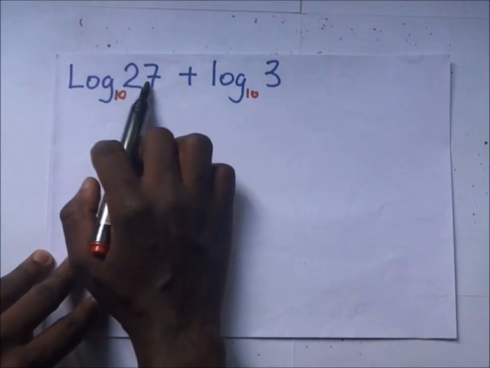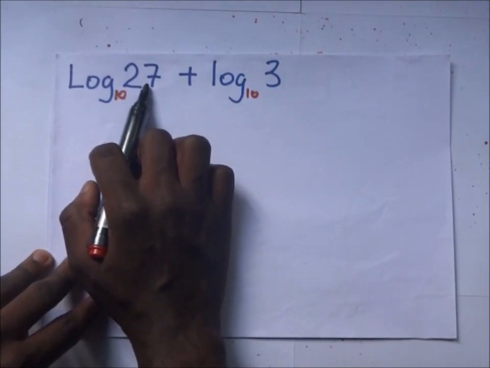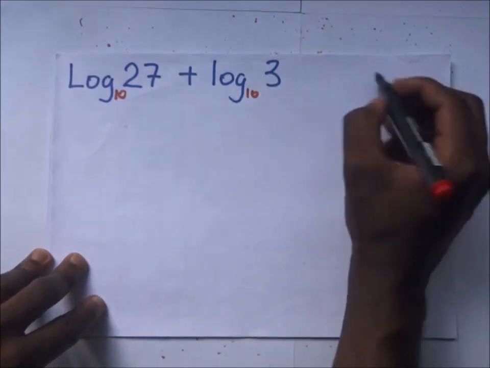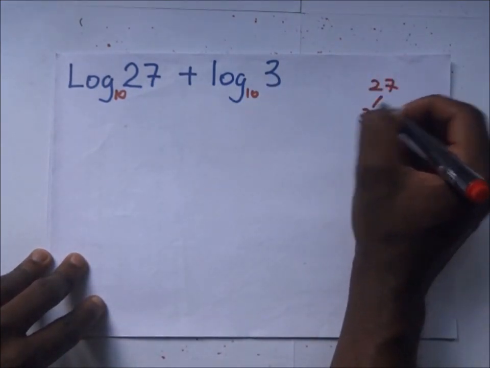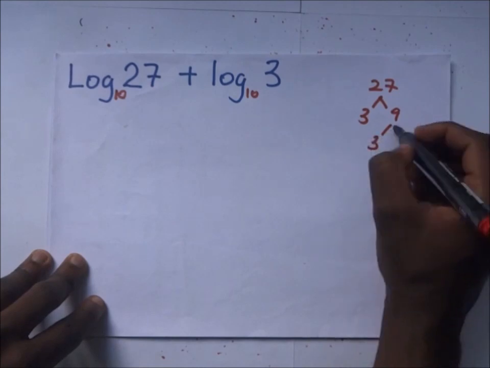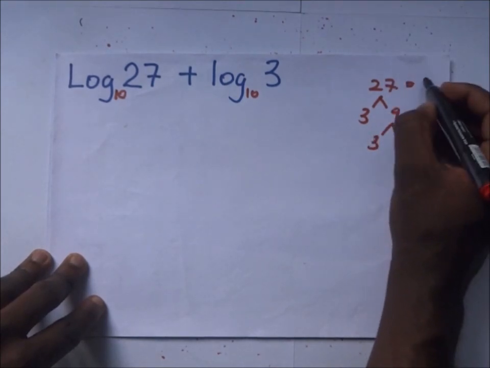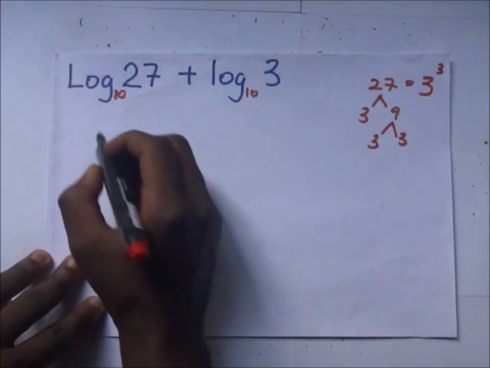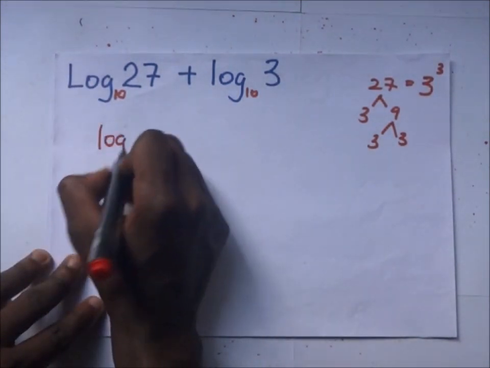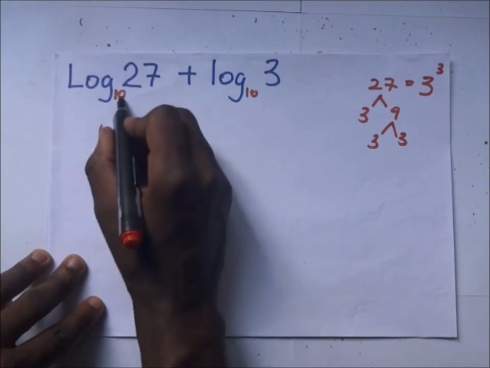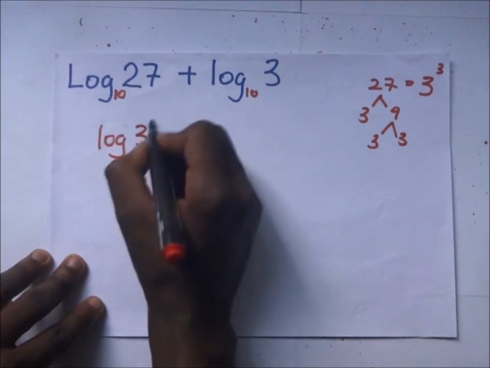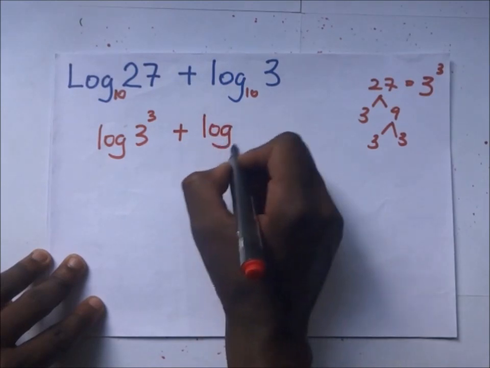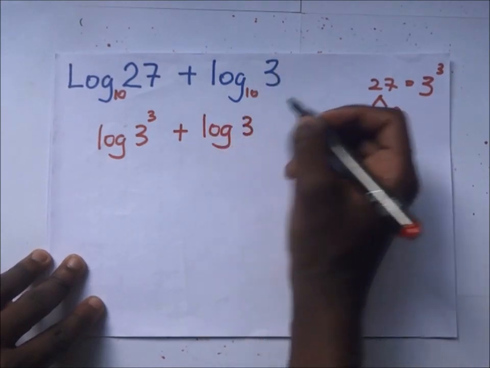You'd realize that 27 can be prime factorized and converted into index form. So 27 divided by 3 is 9. Divide by 3, you get 3. So 27 is the same as 3 to the power 3. So it becomes log base 10 of 3 to the power 3 plus log base 10 of 3.